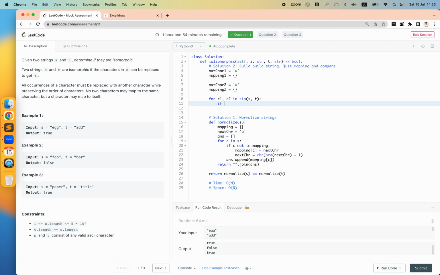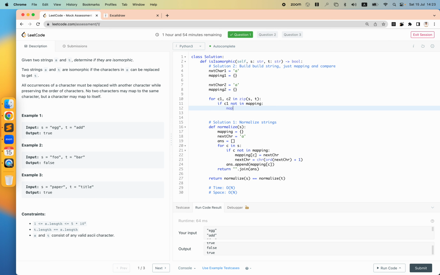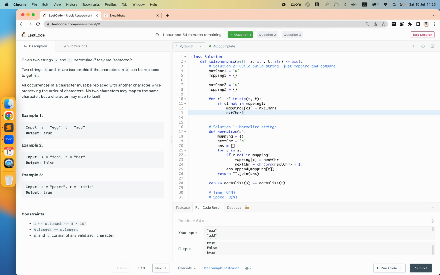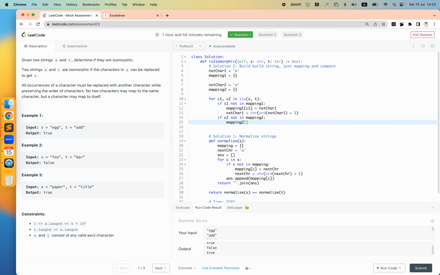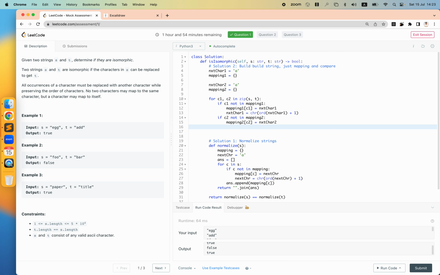Okay, so if c1 is not in mapping 1, then mapping 1 of c1 will equal next char 1, which will equal ord of this one plus 1 converted into a char. If c2 is not in mapping 2, then mapping 2 of c2 equals next char 2, and next char 2 equals chr of this one plus 1.